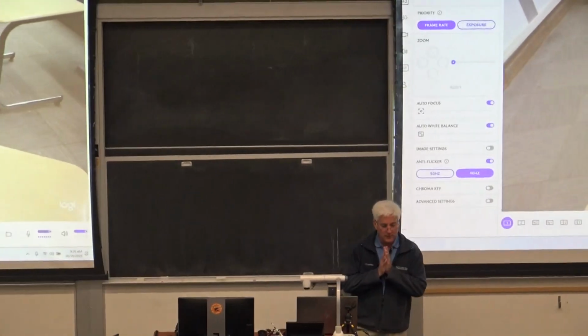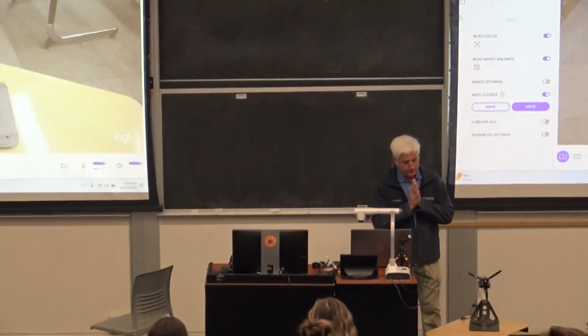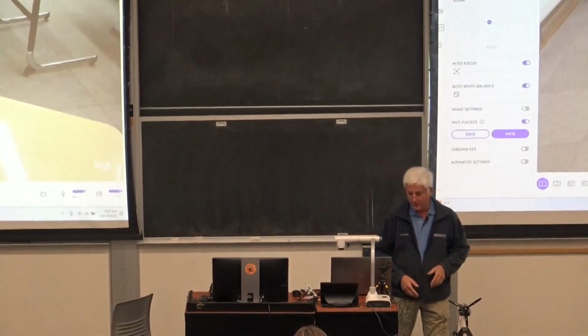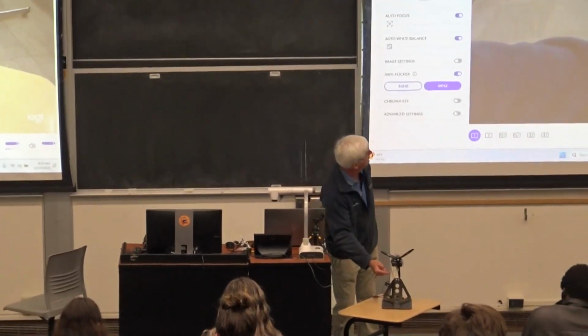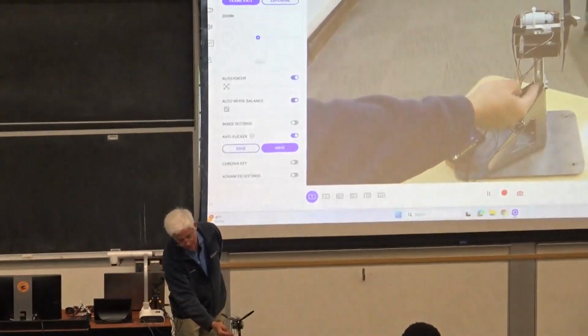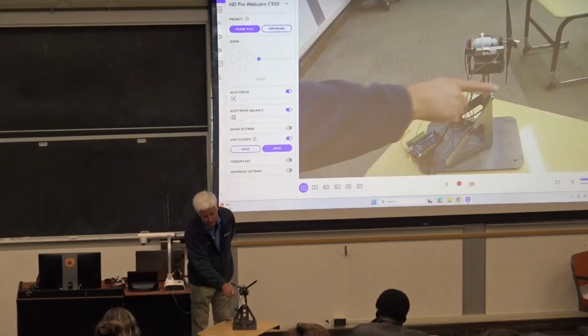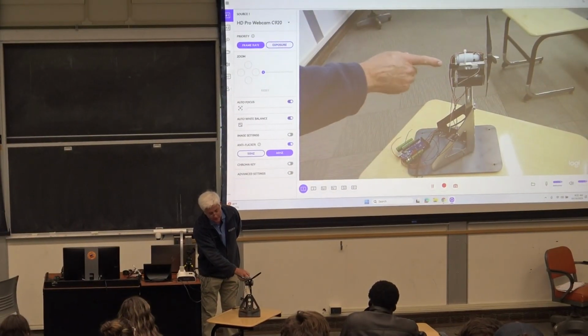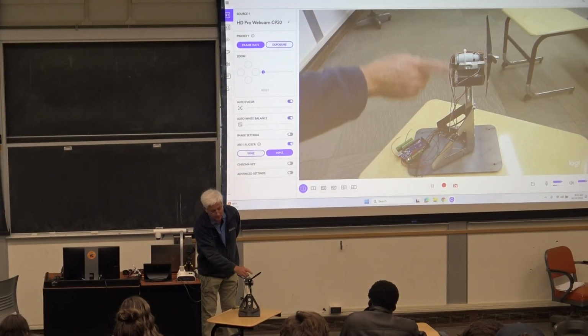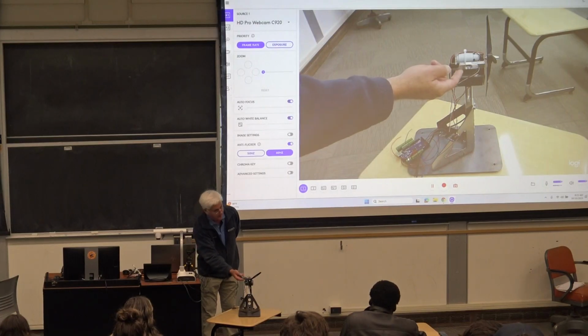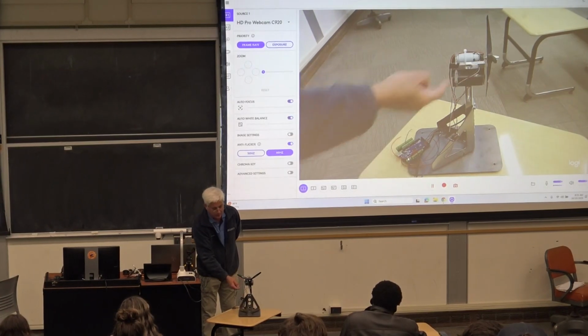So this little gizmo that I made, it's kind of fun. It's got a load cell right here, so we can actually measure the real-time thrust going in that direction. And it has a full dynamometer up here. So this load cell will give you the real-time torque of the motor.